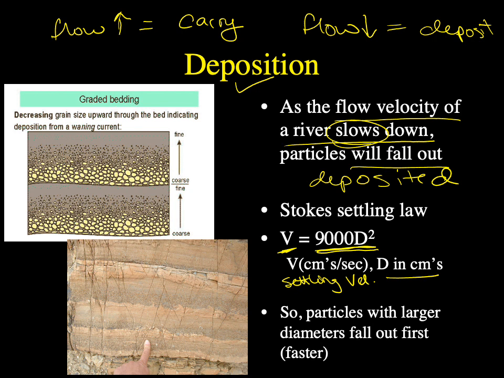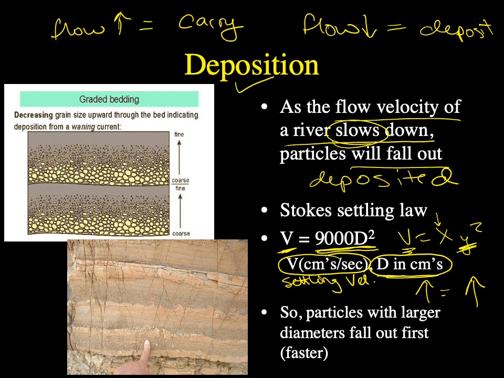So if you have an equation where velocity equals a constant times y squared, essentially what we're saying is that if you increase y, you will increase v, because this is a constant. So Stokes' settling law, this equation here of v equals 9,000 d squared, says essentially that the larger the diameter of the particle, the faster it will settle. And that should make sense, right?